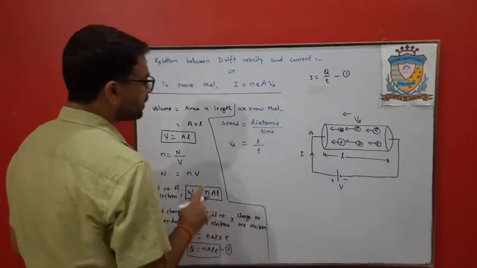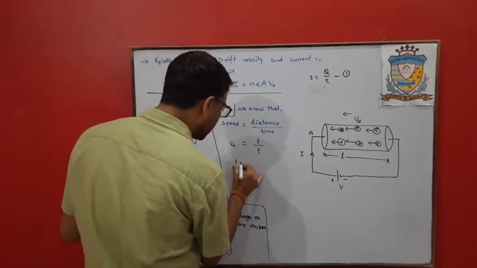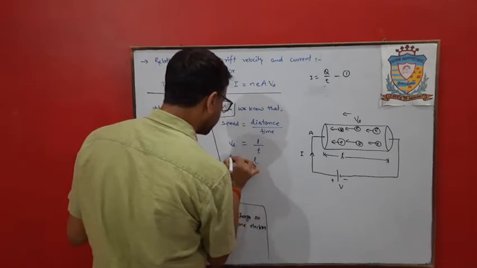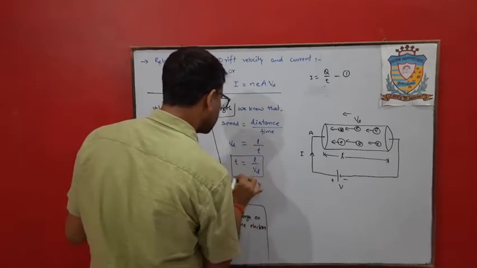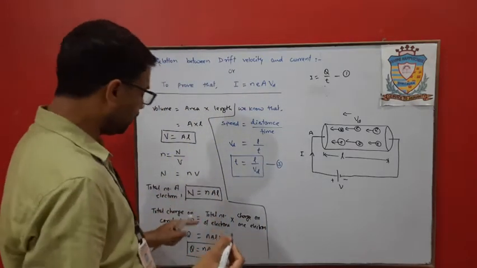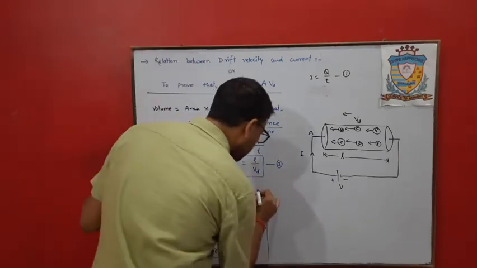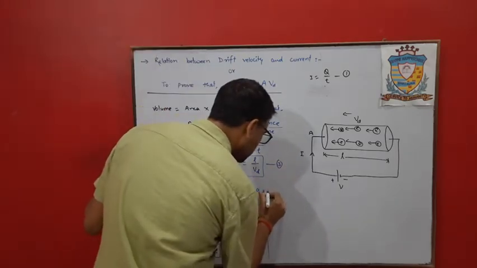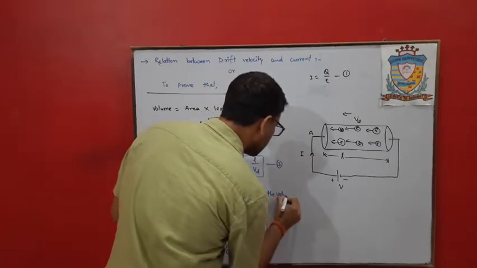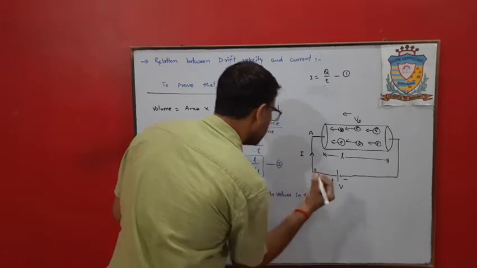So Vd is equal to L upon t. So from here we can find this t. This t is equal to L upon Vd. Let this be our equation number 3. So put the values of equations 2 and 3 in equation 1.